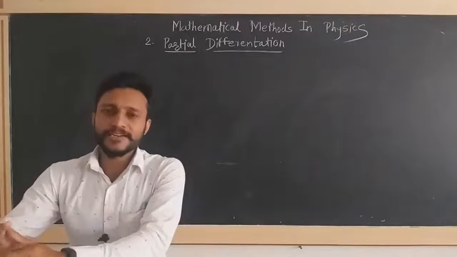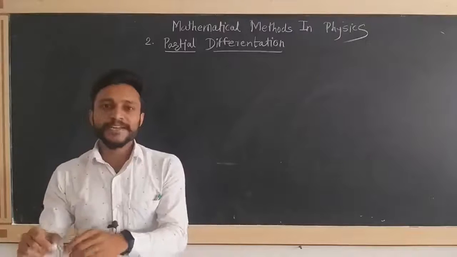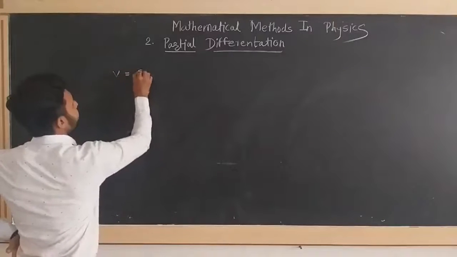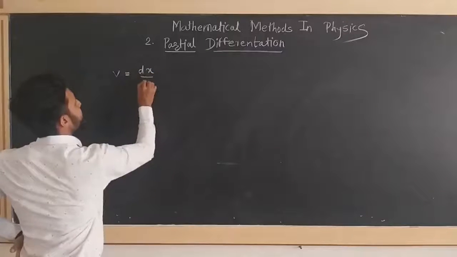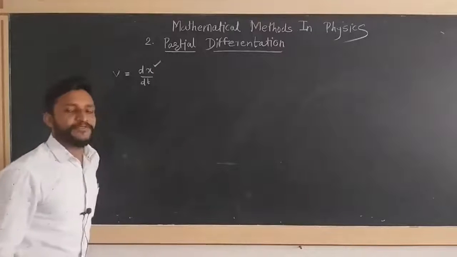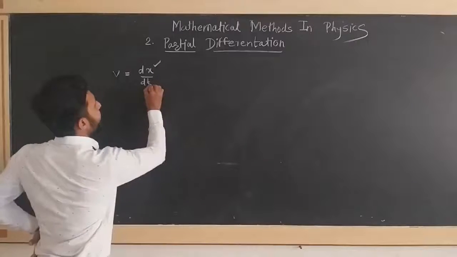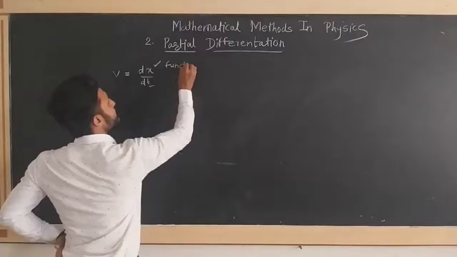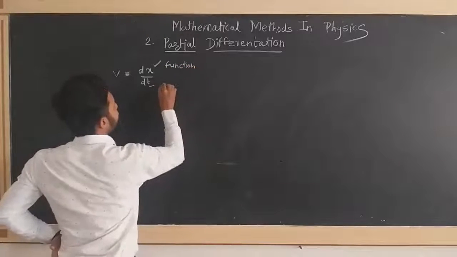And there are so many physical quantities. So we can write velocity v is equal to dx by dt, where x is a function and t is a variable. So I can write here x is a function and t is a variable.